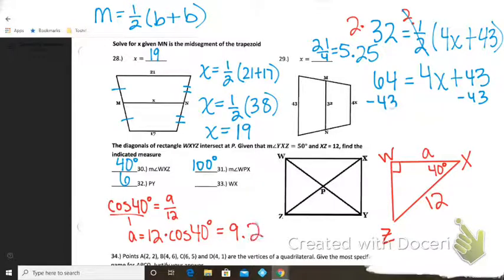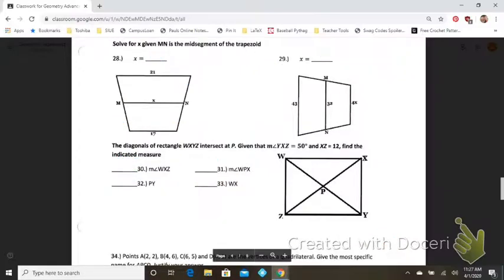So we could make that approximately 9.2. Okay, if you've got questions, concerns about that, please let me know. I know that that is a little bit of a throwback to that trig chapter we haven't talked about in a while. I'm going to move on.